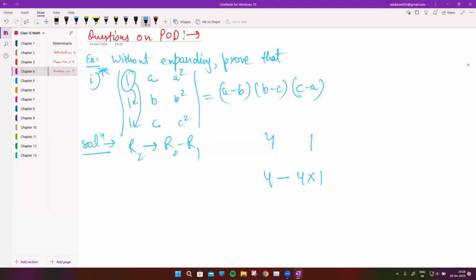I want to make it 1, 0, 0. So I will change R2 to R2 minus R1, and I'll also apply R3 as R3 minus R1. I cannot change R1 in this operation.